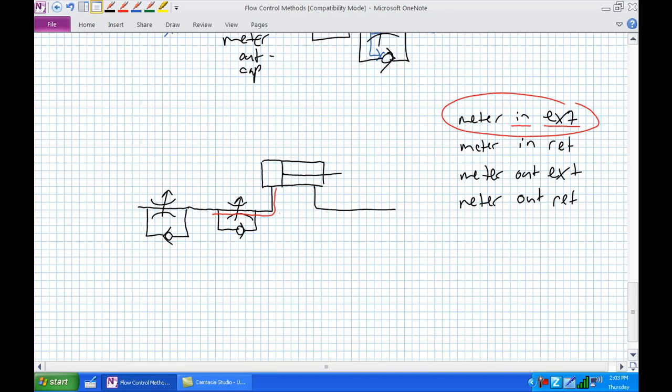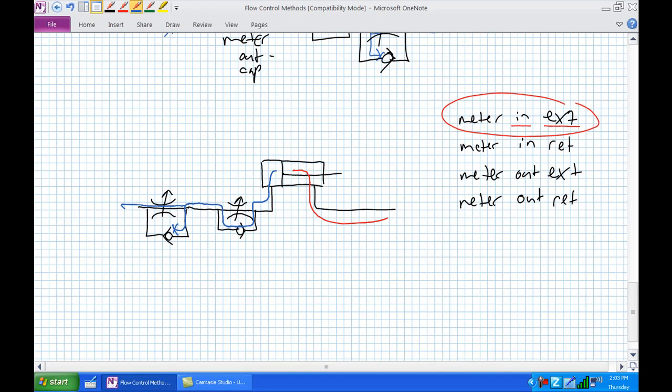So now, what happens when pressurized fluid flow enters the rod end? Well, fluid flow from the cap end is going to hit this flow control valve. It's going to bypass it. It's going to hit this flow control valve. It can't bypass it.